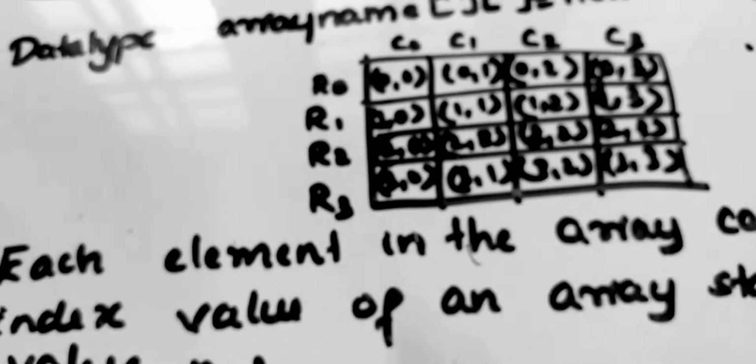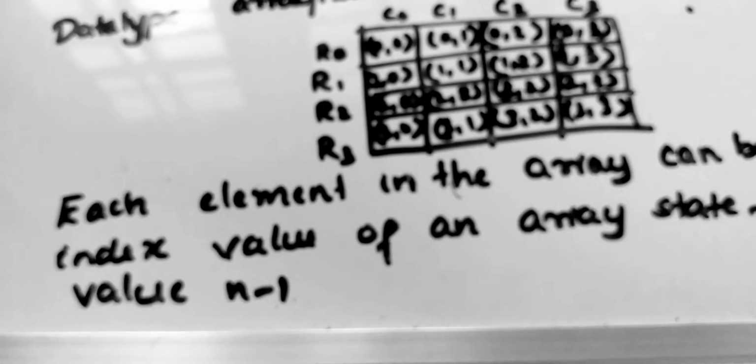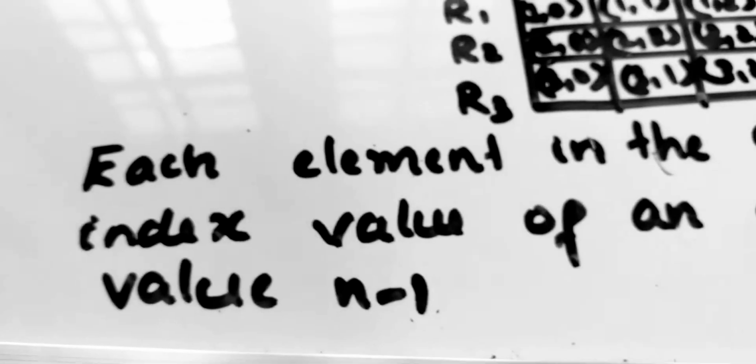So each element in the array can be accessed by using the index value. The index value of an array ranges from 0, and the last element has the index value n minus 1.